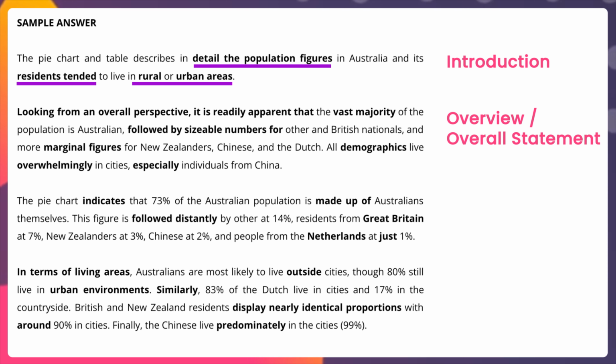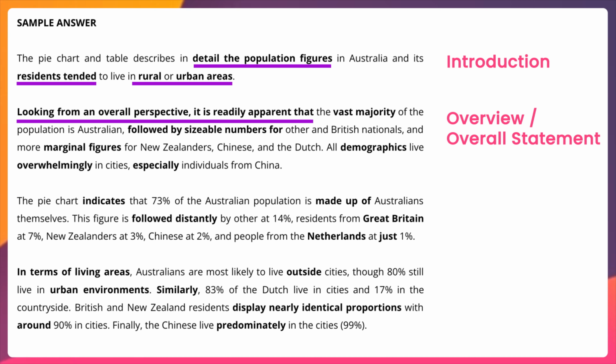Coming to the overall statement, you can see that it talks about the different perspective, or let's say an overall perspective of both the charts. The phrase that is used to start this paragraph is looking from an overall perspective. You can use overall, you can use it can be clearly seen that. You can also use different overall statements or let's say overall phrases to start this paragraph.